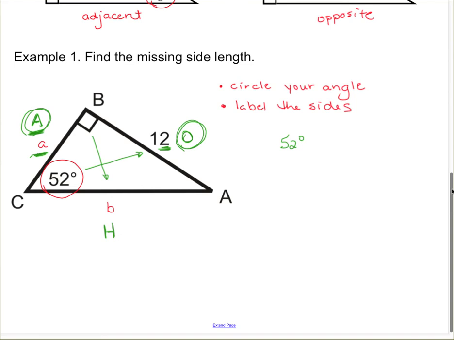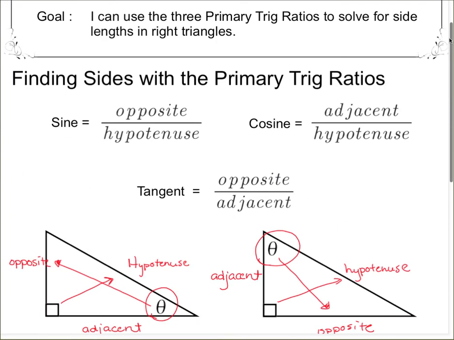Now, do you remember what the shortcut was for the three primary trig ratios when we have sine opposite over hypotenuse, cos adjacent over hypotenuse, tan opposite over adjacent? We use these letters, SOH, and these letters, CAH, and then these letters, TOA.